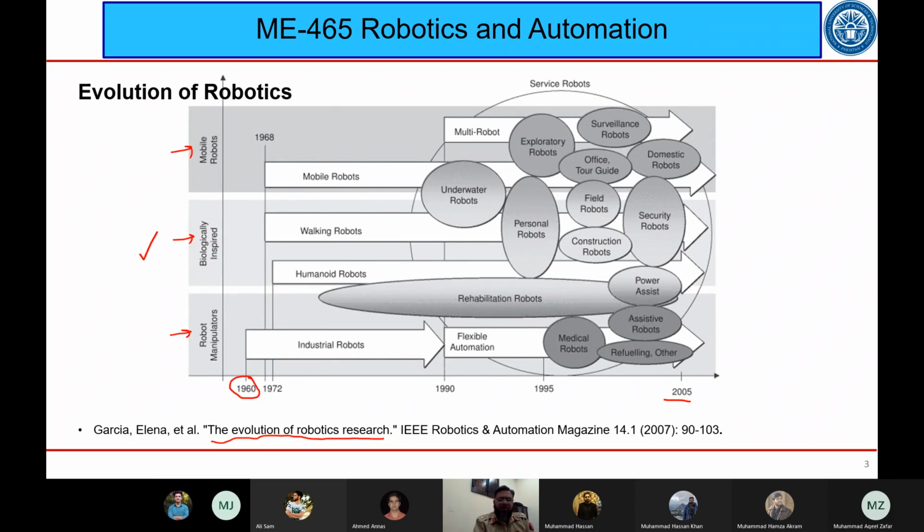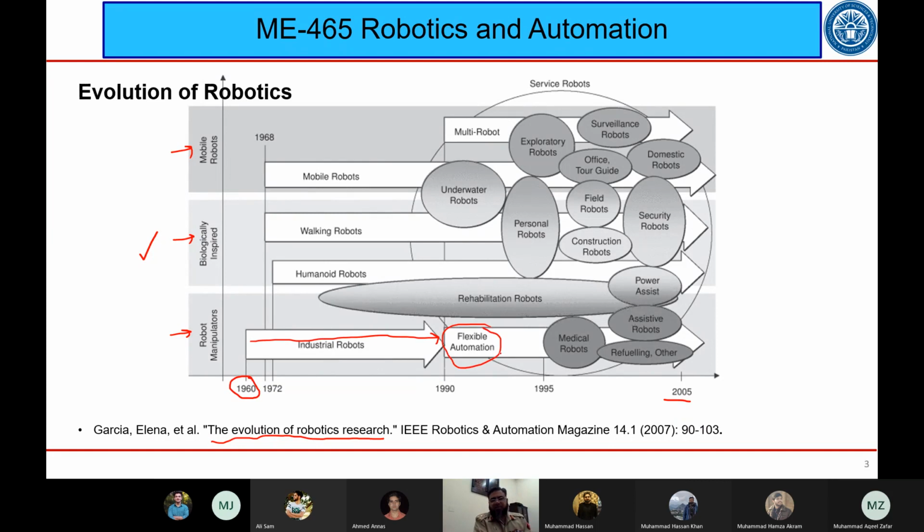We had discussed this yesterday also, that the industrial robot was made by General Motors in collaboration, and then they started using it on their assembly line. That was in fact 1954, I presume. So the 60s was the era when industrial robots came in. Until 1990, this industrial robot era went on, and then it was linked with flexible automation.